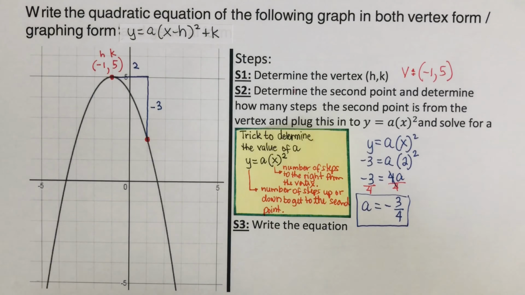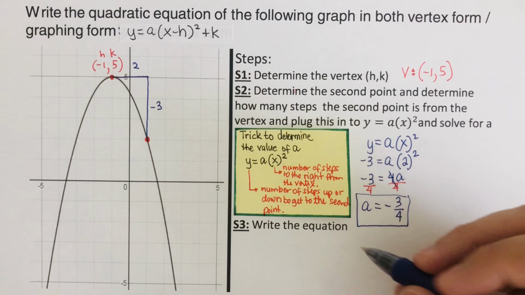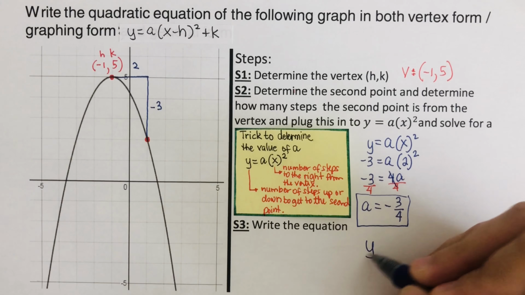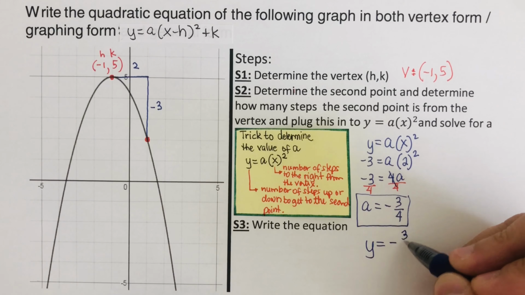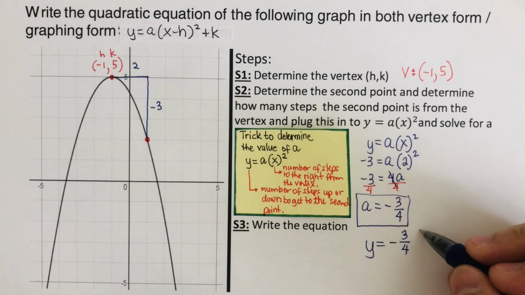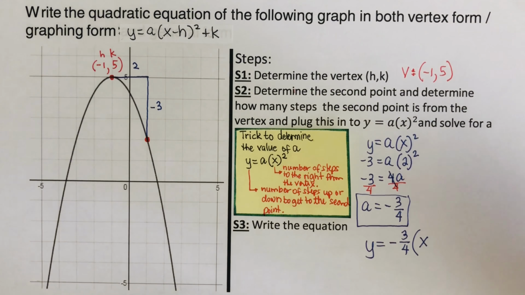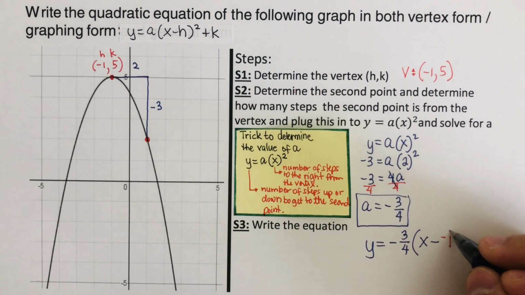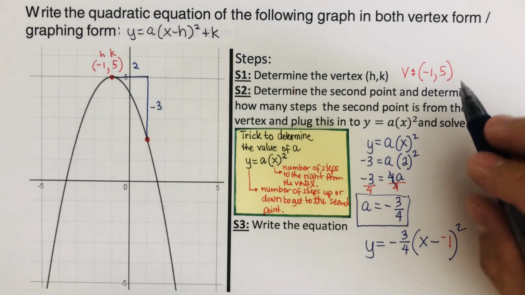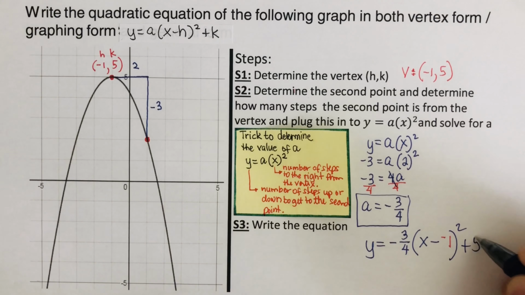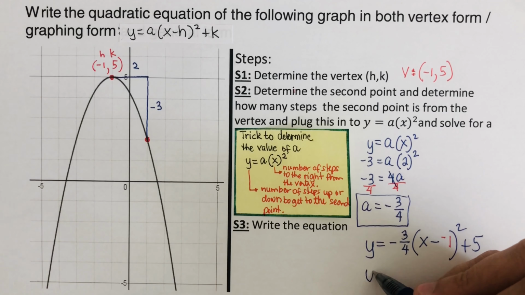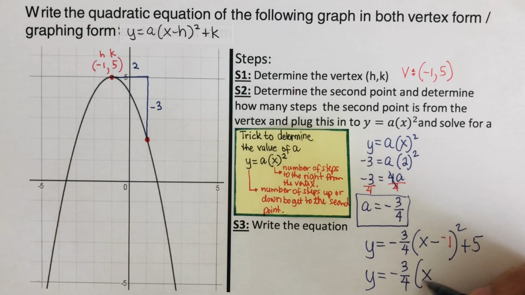And then from here, we can write the equation. So that would be y is equal to negative 3/4 parentheses x, and then this is a minus negative 1. And then we square it. And then we have a plus 5. So then the final answer here is y equals negative 3/4 x plus 1 squared plus 5.